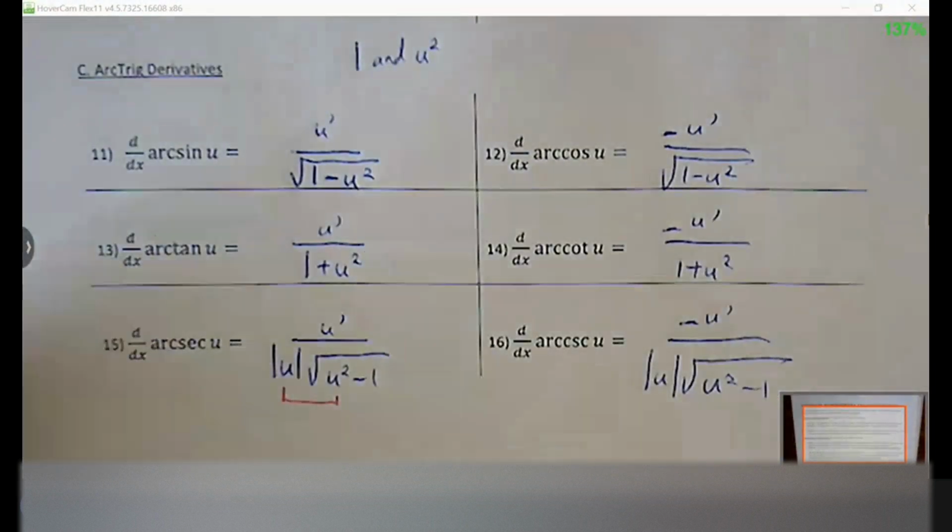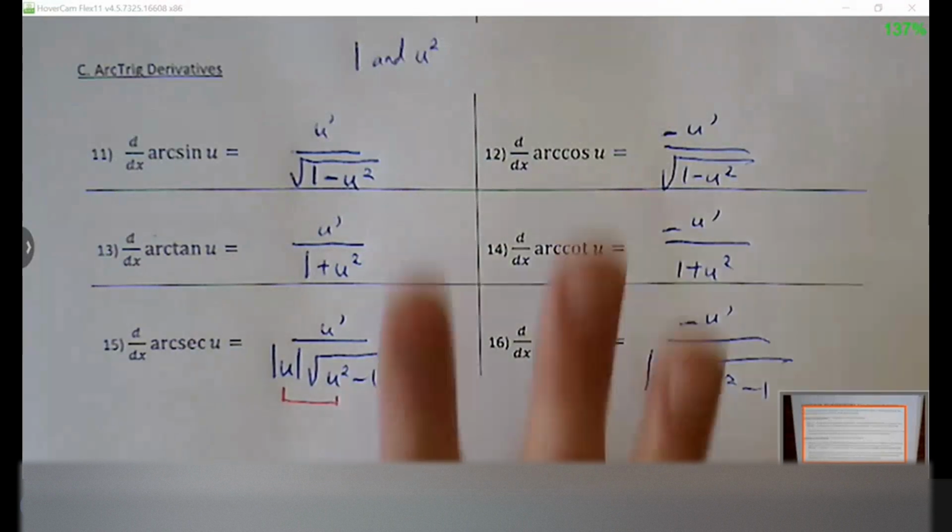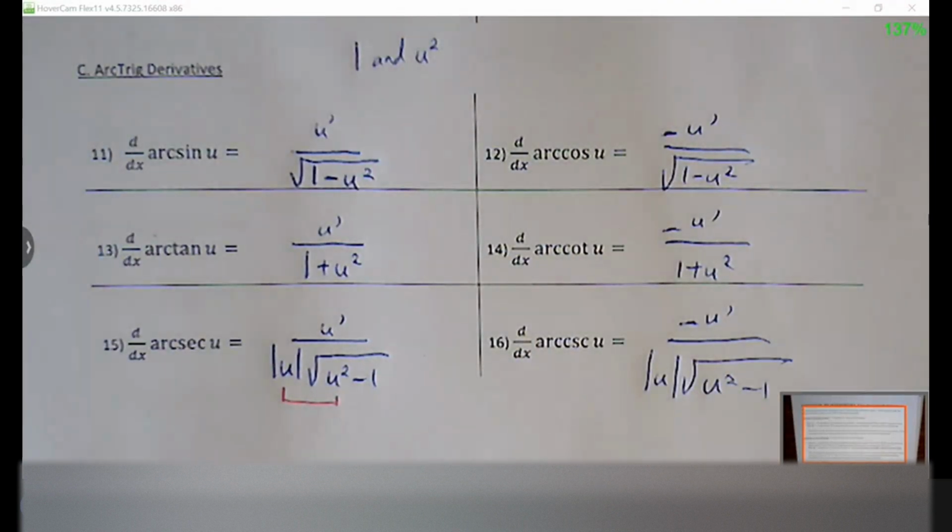Okay, so that's how I go about remembering these rules, just kind of breaking it down, looking at patterns.